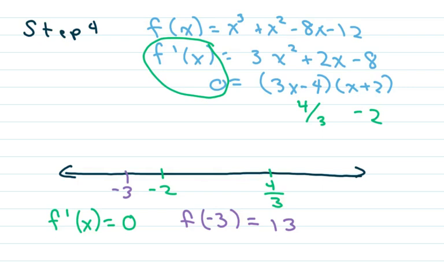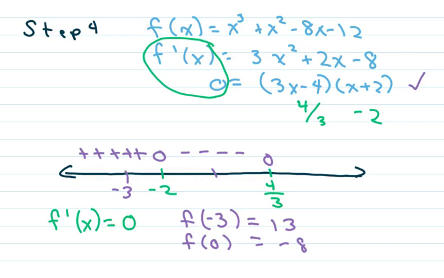Well, 13 is a positive number, so I'm going to put positive here. This is our zeros. This is positive in this area. Now when I plug in 0, you're just plugging it in here like we did before, we get negative 8. So here it's going to be negative.